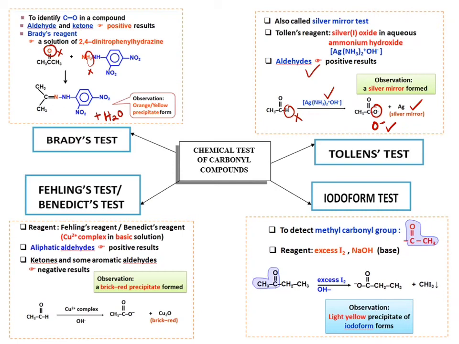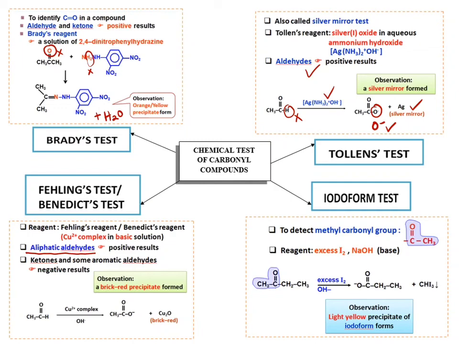Okay, next we have the Fehling test, or another name, the Benedict test. We know that this Fehling test will give a positive result to aliphatic aldehyde only. Ketone and some aromatic aldehyde will give a negative result. As we know, the observation is a brick red precipitate forms. So how to write the equation? The reagent that we use here is copper 2 plus complex in basic solution.